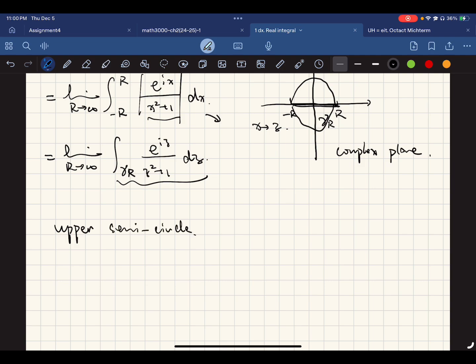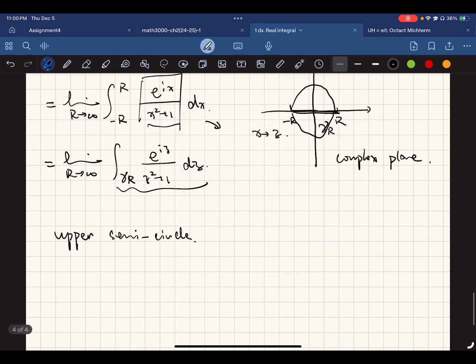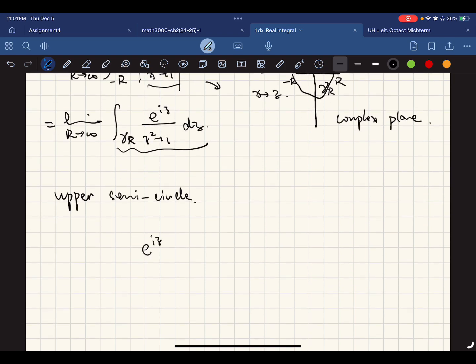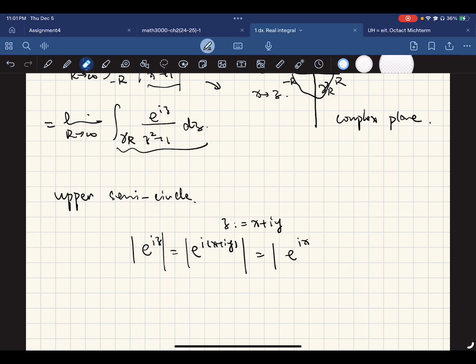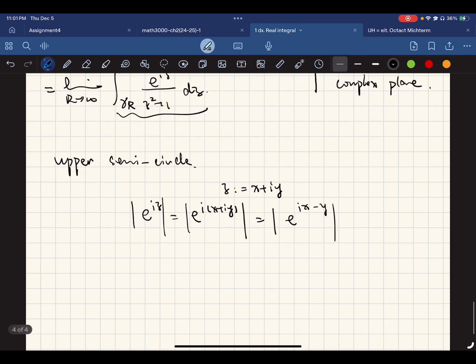If we choose the upper semicircle, let's see the numerator e to the iz. z can be written as x plus iy, and it will become e to the ix minus y, isn't it?